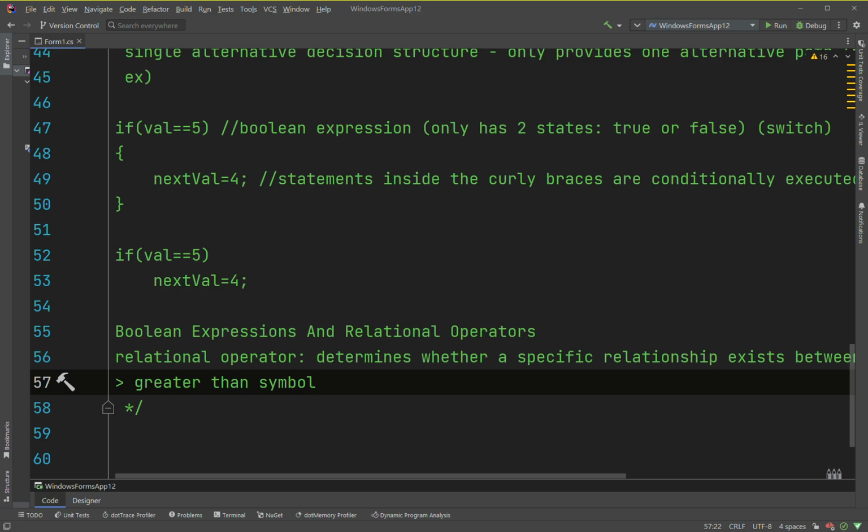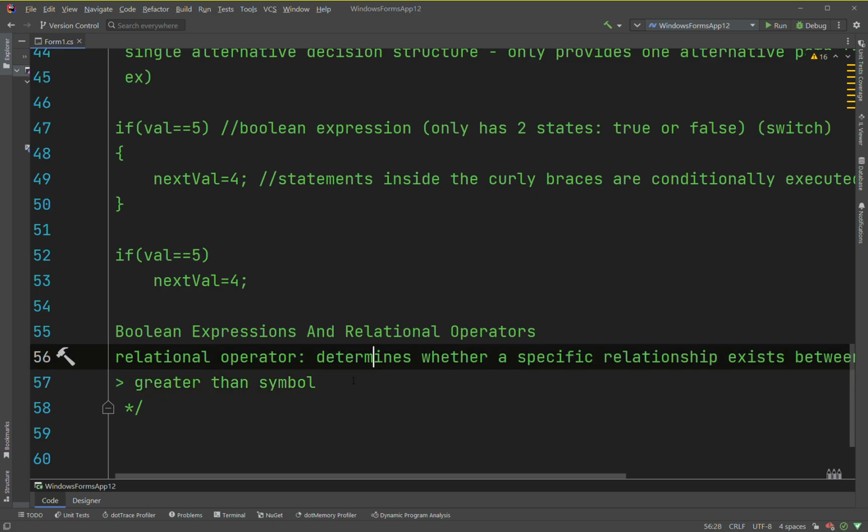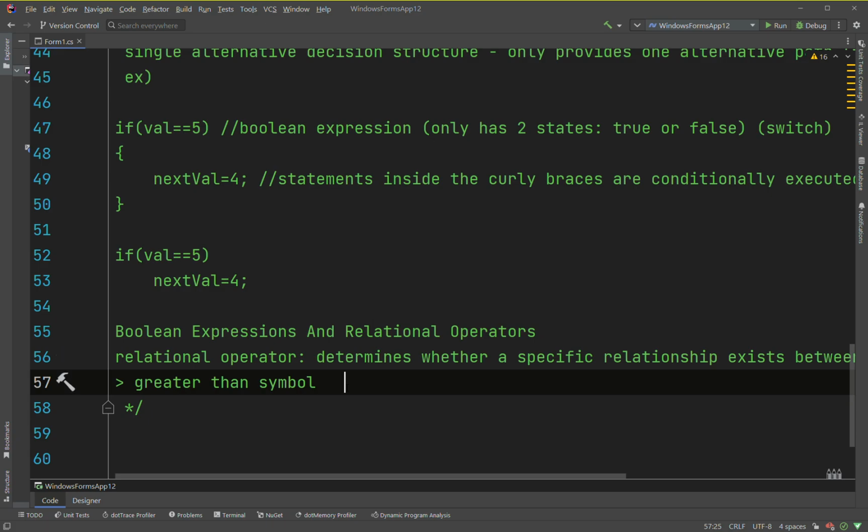I hope, because if you don't, you should know pretty much this kind of math stuff. Greater than, less than or equal to, greater than or equal to, is equal to. There might be a few more. So we'll talk about that in a sec. So this is a greater than symbol.